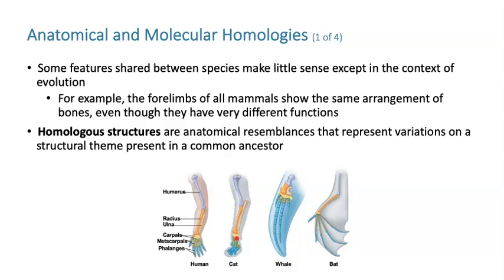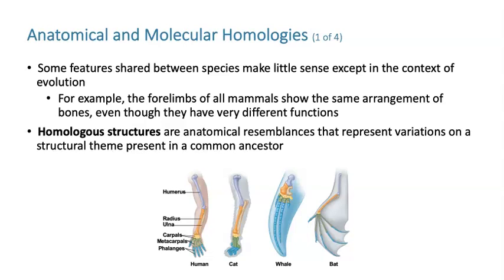Even though cats don't have long fingers like we do, they still have carpals, metacarpals, and phalanges. Even though whales don't have fingers at all, they still have carpals, metacarpals, and phalanges. And bats have very, very long metacarpals and phalanges and pretty small carpals, but they're still there.